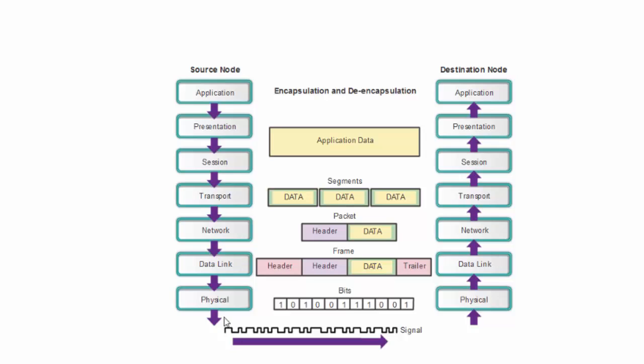And the physical layer actually uses these bits to convert them into signals and facilitate the transmission of these signals over the different types of media.